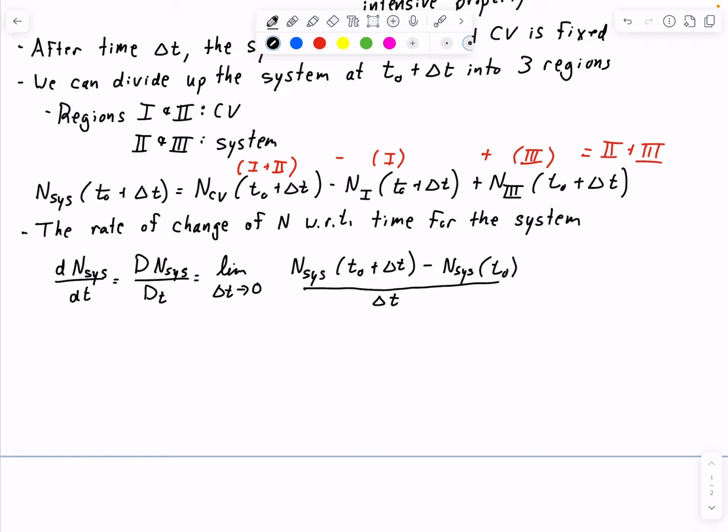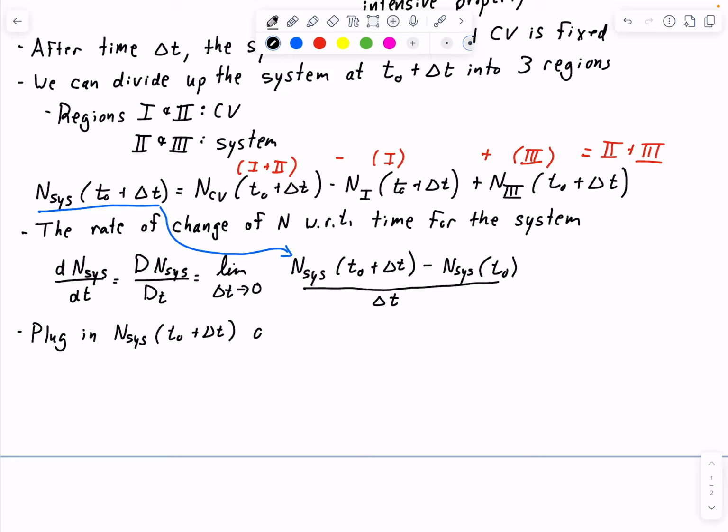So we have this expression for the derivative, and so what we can do is plug in this expression that we already developed for N of the system at time t naught plus delta t. So this expression right here, t naught plus delta t, is going to be substituted in down here.